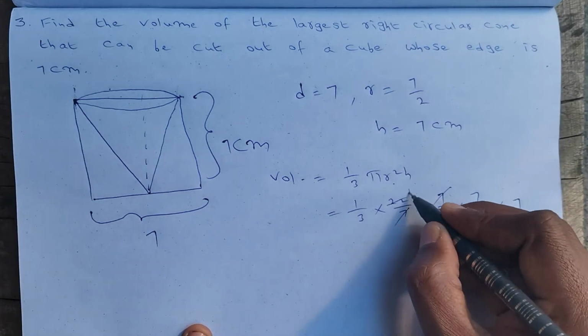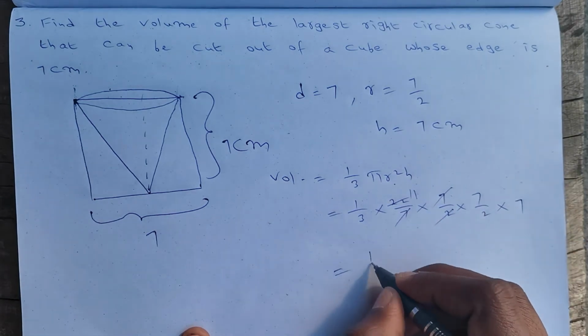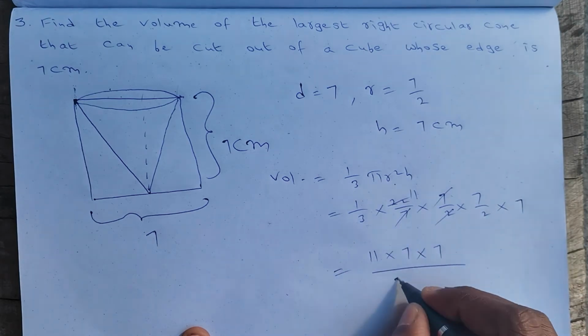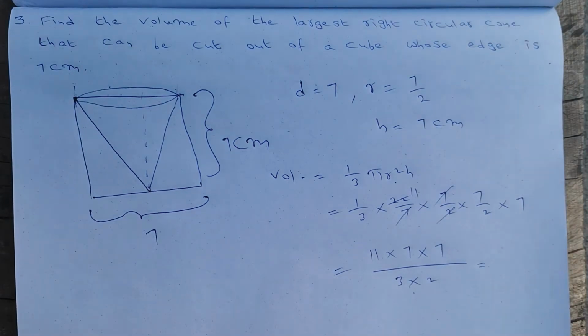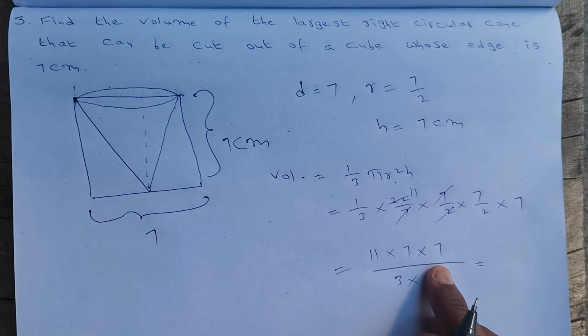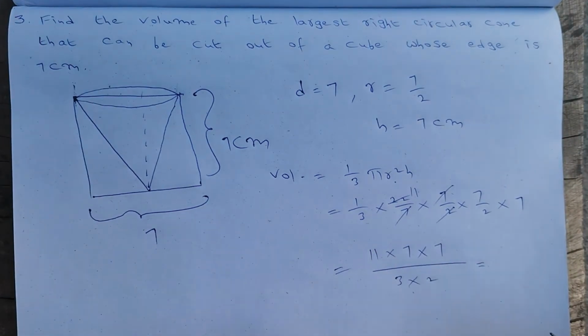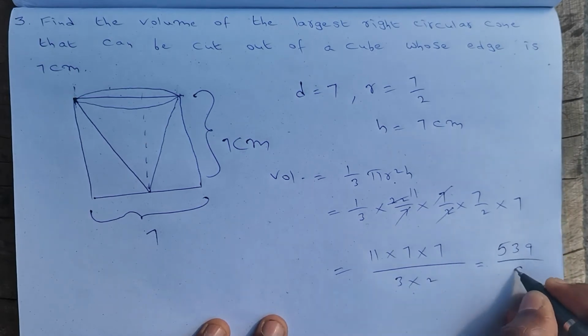Here 2 ones are 2, 11s are 11. So 11 into 7 into 7 whole divided by 3 into 2. Now cancellation is not possible, so I will do direct multiplication and division. 7 into 7 is 49, 49 into 11 is 539, divided by 3 into 2, that is 6.